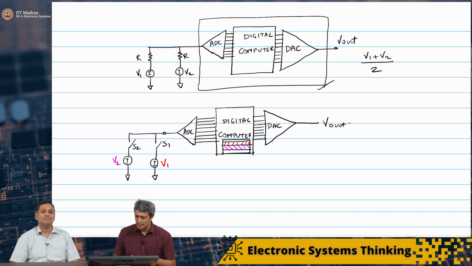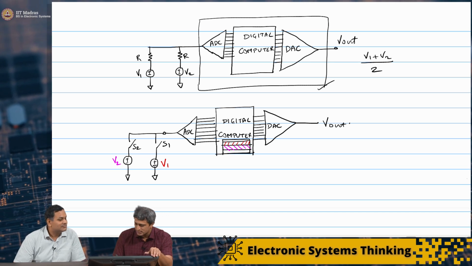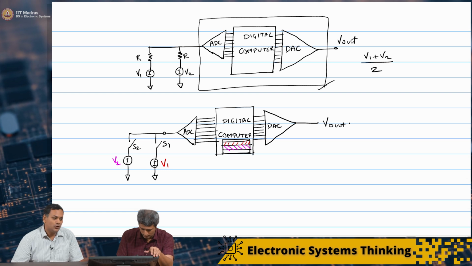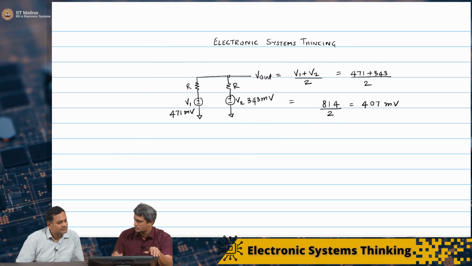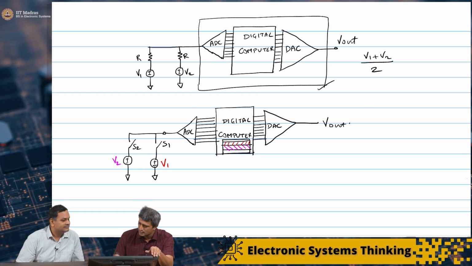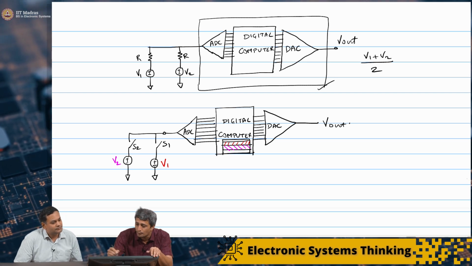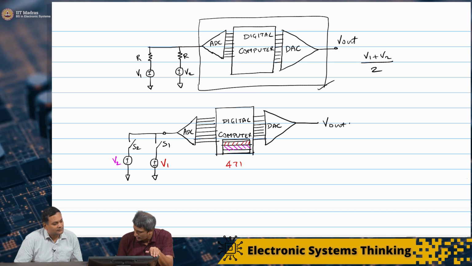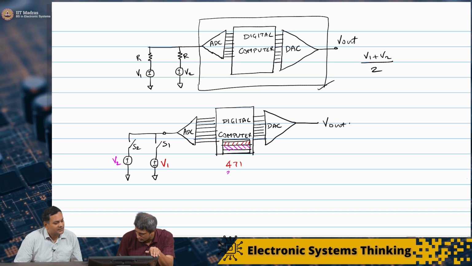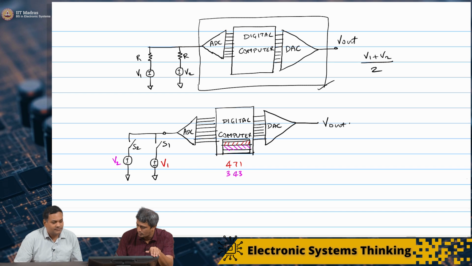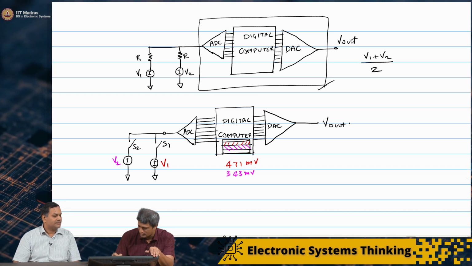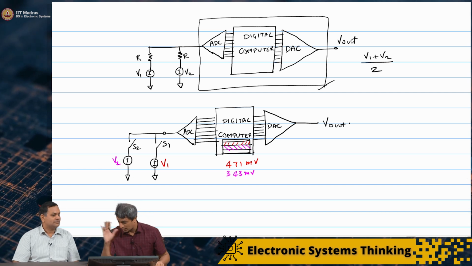But what we will now do is go through the specific examples that we took. We took V1 equal to 471, let me write that down, 471, and V2 is 343 millivolt. I'm going to keep this color convention the same all through.